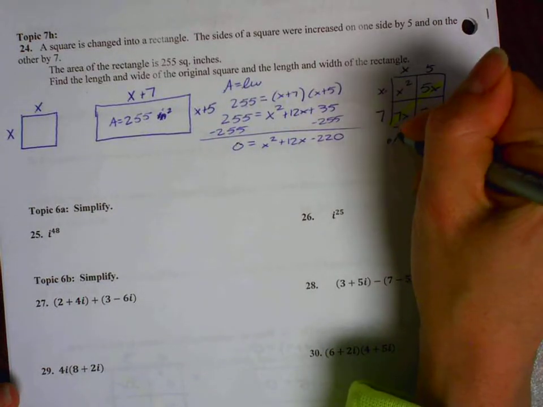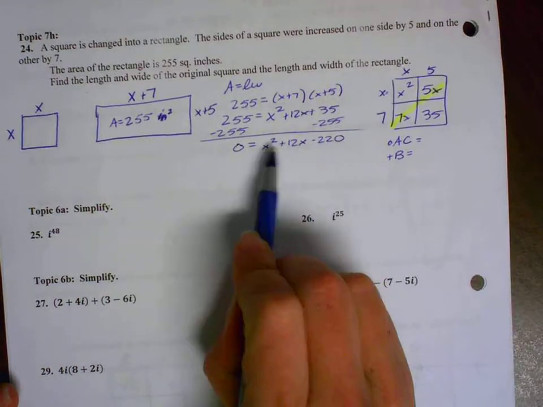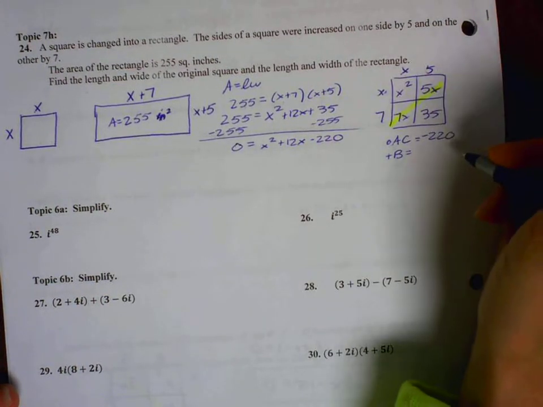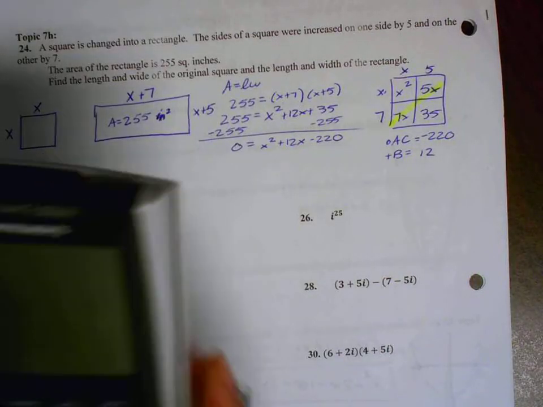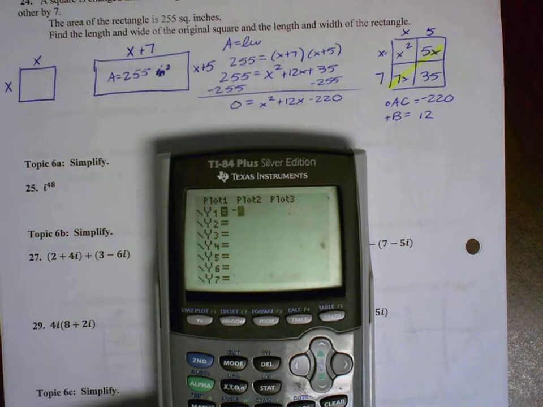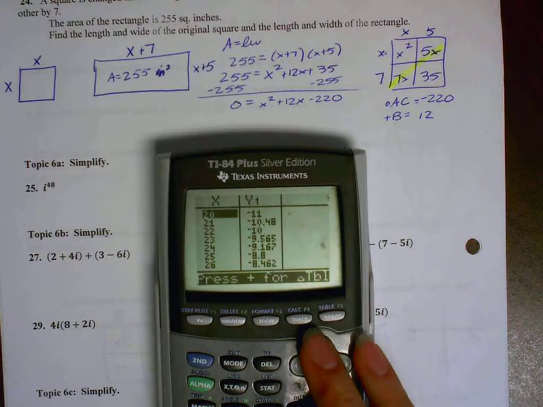I'm looking for two numbers that multiply to be A times C and add up to be B. So A times C is negative 220, and B is 12. So that's kind of a big number. I'm going to use my calculator. I'm going to go to y equals negative 220 divided by x. I'm going to go to my table, and I'm looking for the bigger number to be positive.